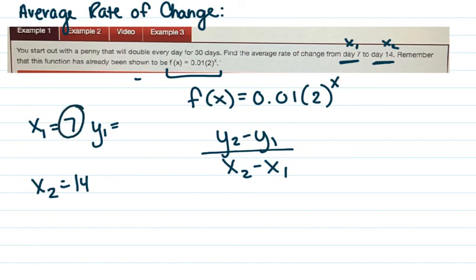So I get 0.01 times 2 to the 7th. And then I'm just going to plug that right into my calculator. And I'm going to do the same thing with 14. And I'm actually going to run out of time.